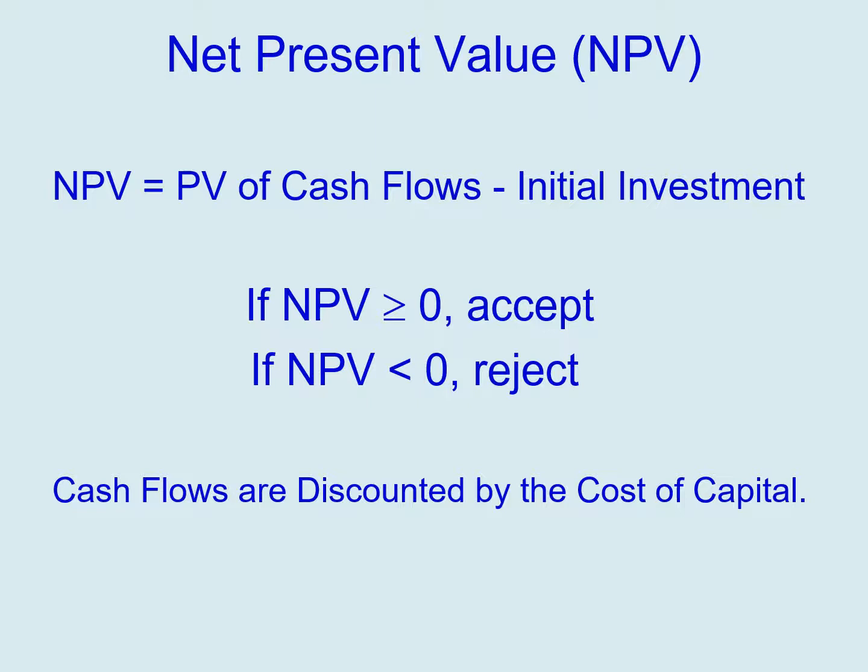So this is in theory. In theory, if the NPV is 0, then you could still accept, but again, in practice, the higher the NPV, the better. If the net present value is less than 0, then you would hope to reject it. I say hope to reject it because if there's some sort of regulation that you're required to comply with, it may require a negative net present value investment in order to comply.